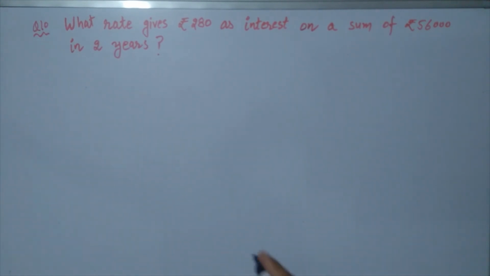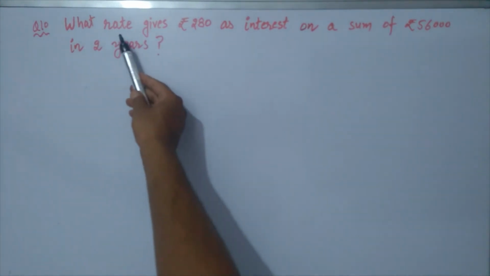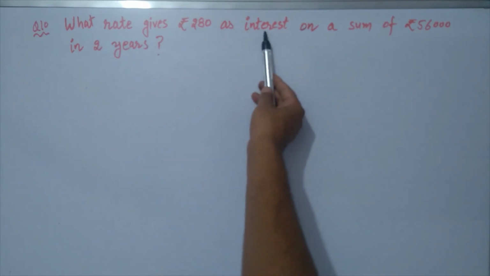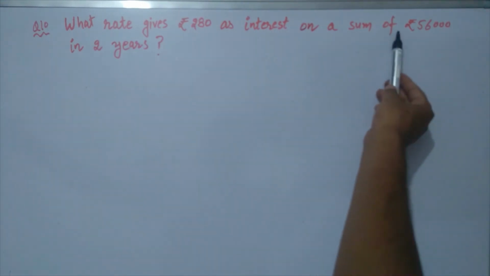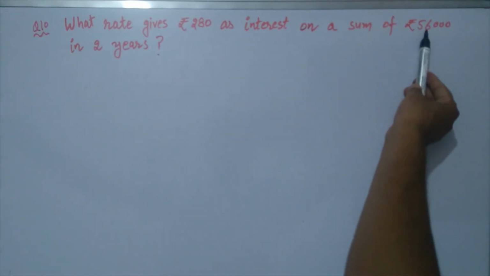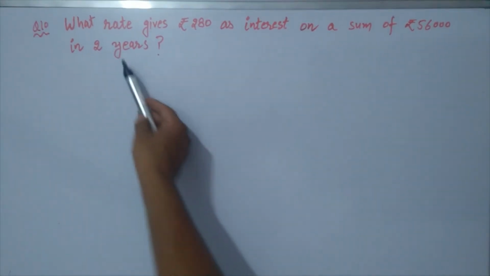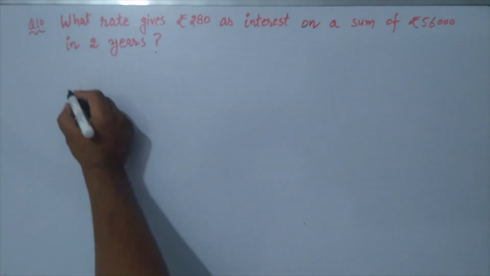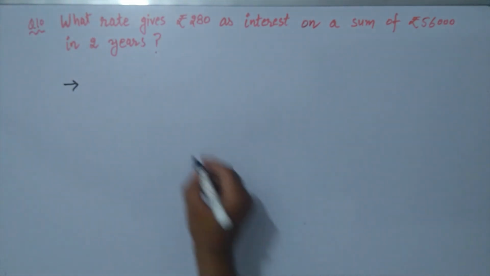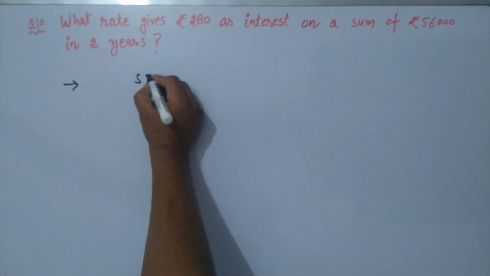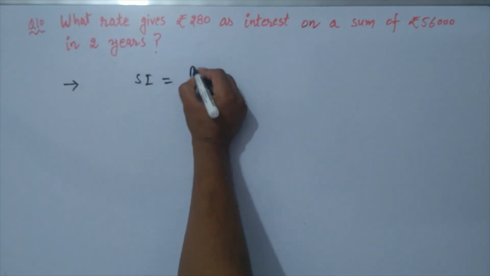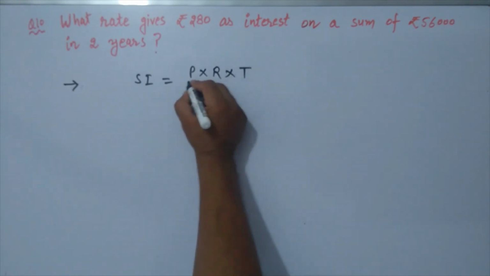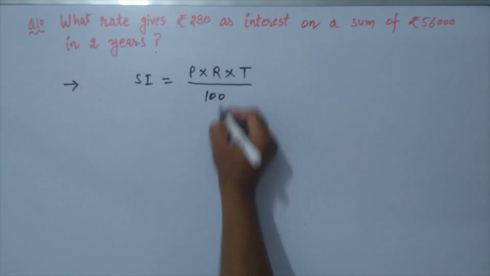Now let us solve question number 10. What rate gives rupees 280 as interest on a sum of rupees 56,000 in 2 years? The question is very simple. We just follow the formula. The simple interest formula is principal amount into rate of interest into time divided by 100.